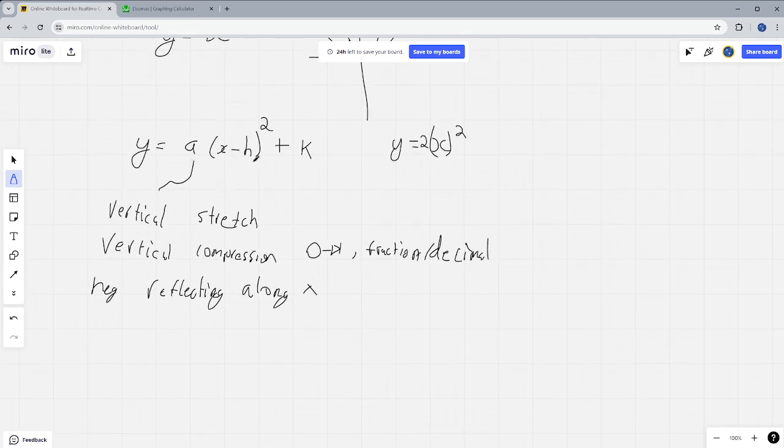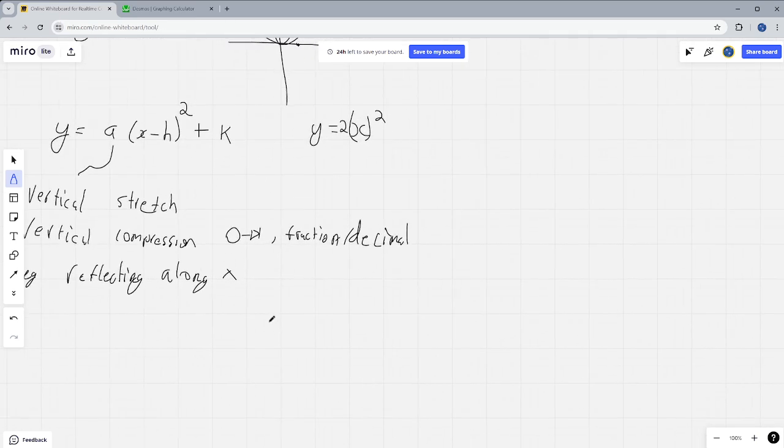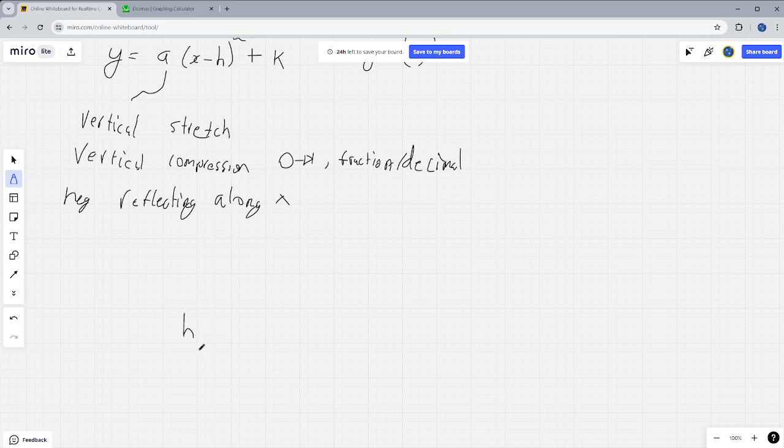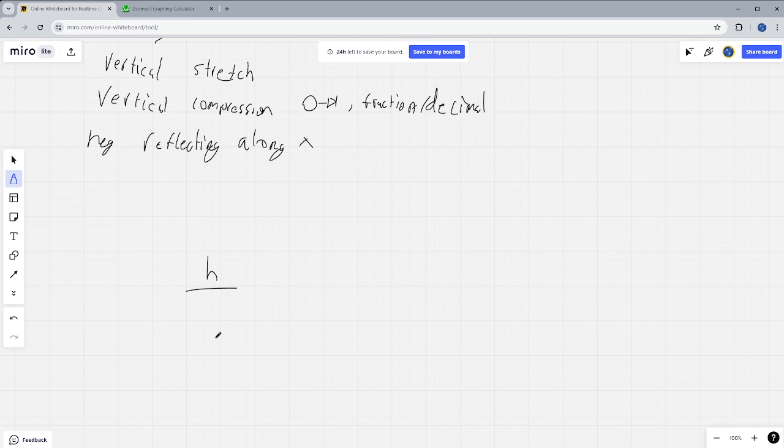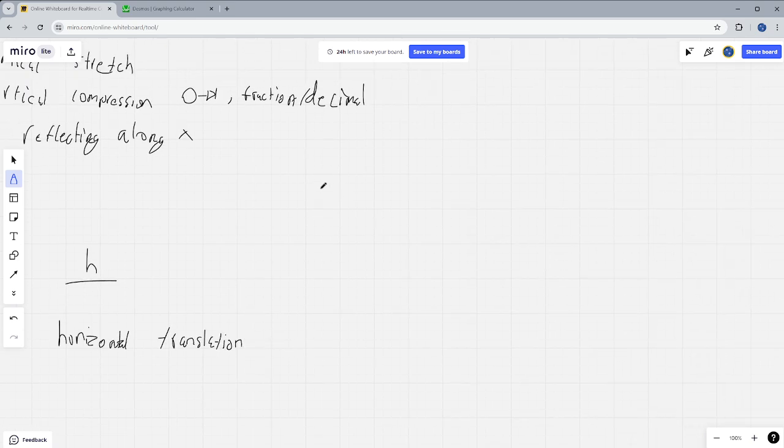Let's move on to our h value. So what does our h value do? Well, our h value is going to be a horizontal translation. And what does translation mean? It means we're just going to take the whole graph and move it. We're not going to change any of the values.